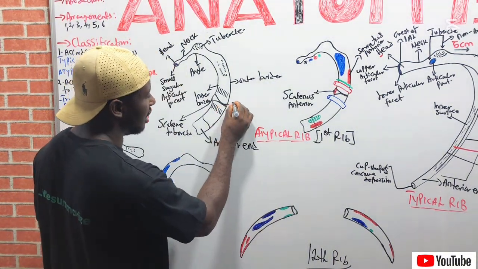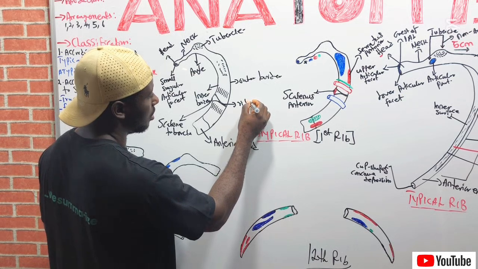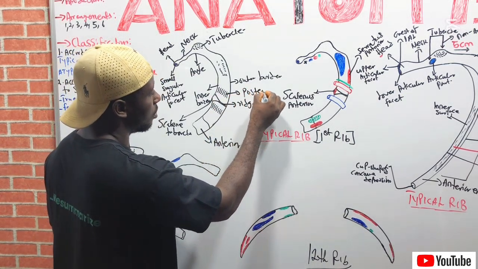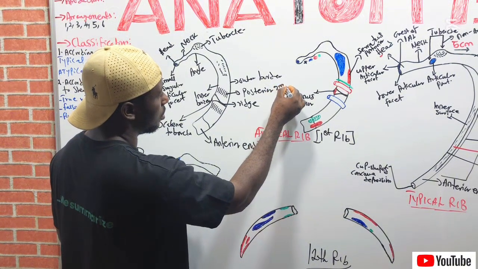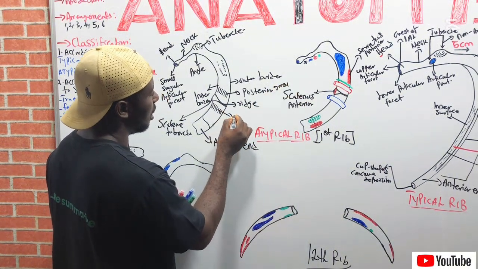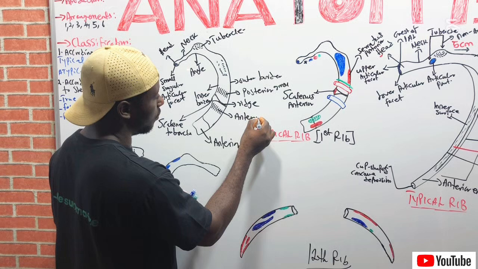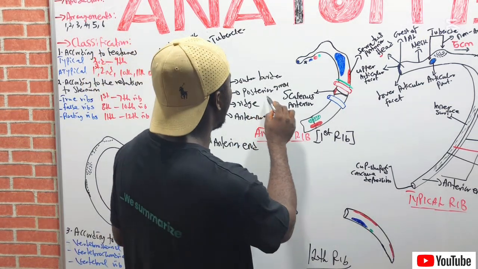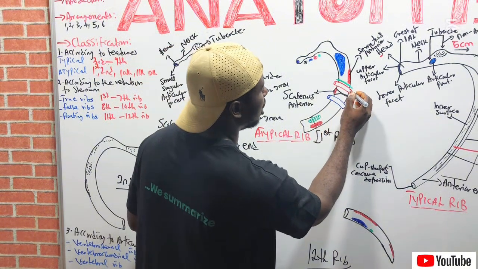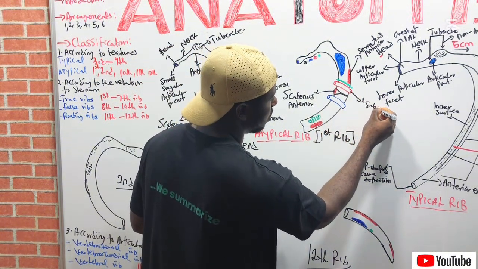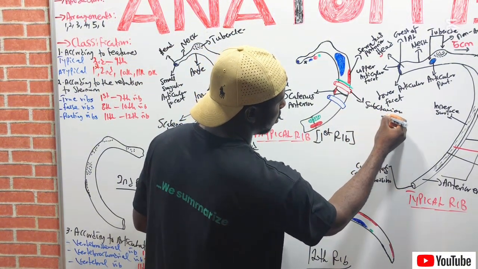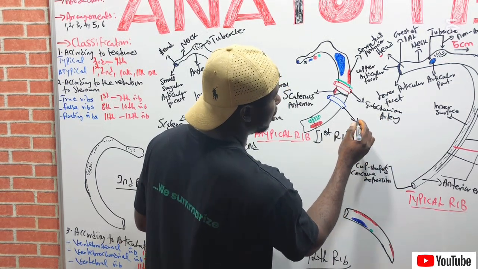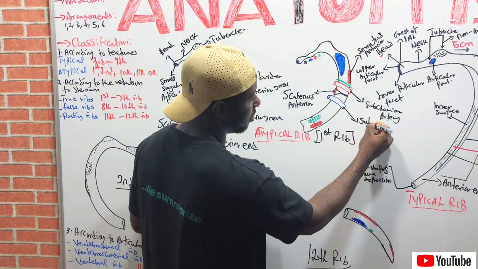Look at that slight ridge here, which separates the posterior groove and the anterior groove. The posterior groove lodges the subclavian artery, while the anterior groove lodges the subclavian vein.